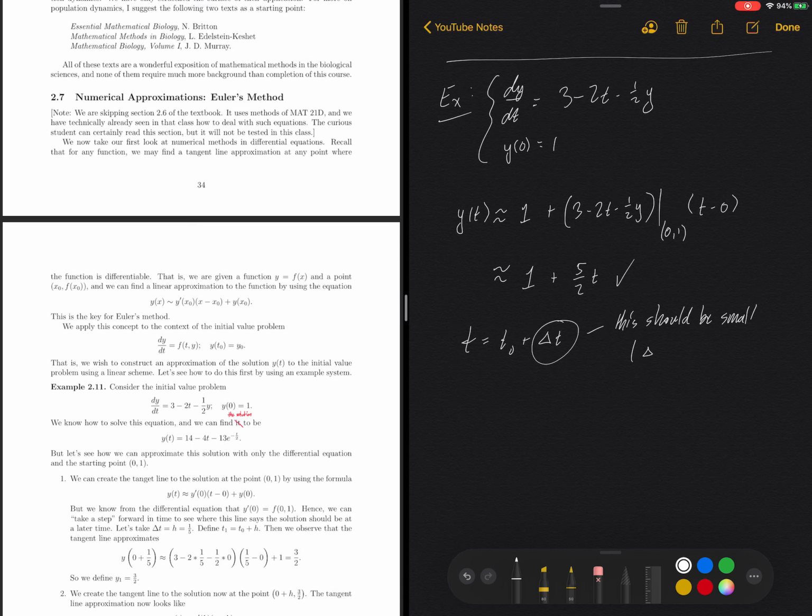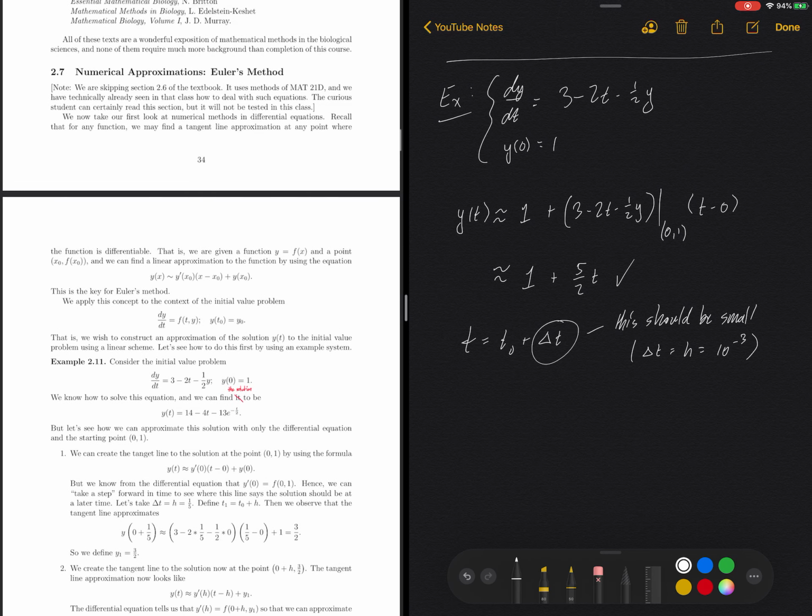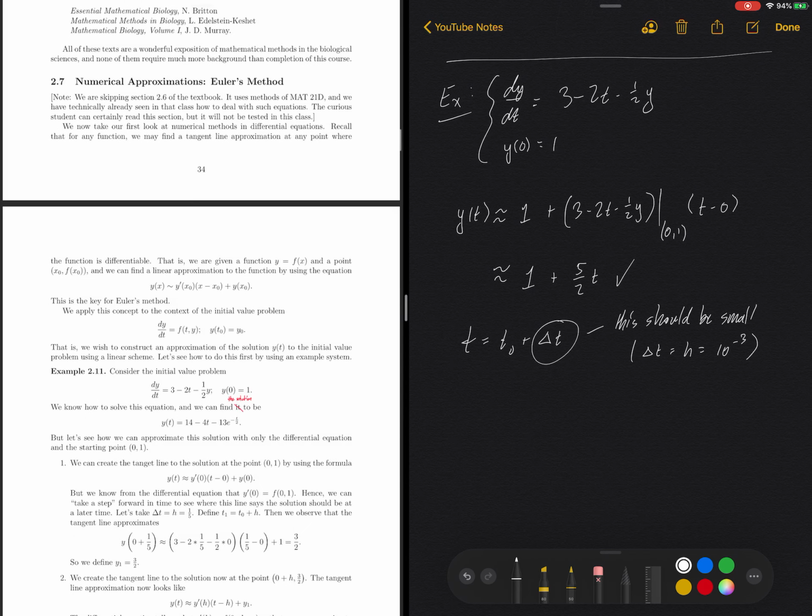And what I mean by small is small relative to whatever measurements you're making. Usually, because we're working in a computer, this delta t is allowed to be very, very small. We can go ahead and specify something like 10 to the minus 12th or something, before the computer starts to throw errors at us, something about a machine epsilon.